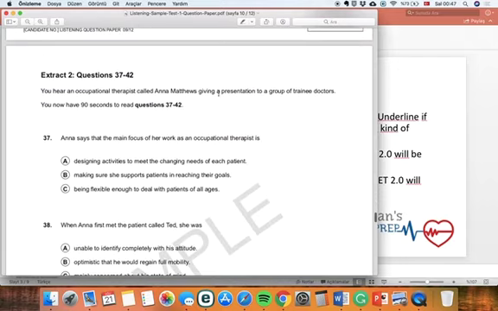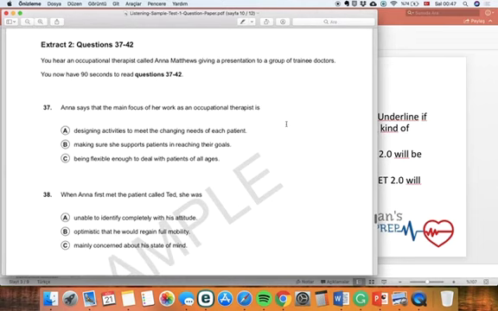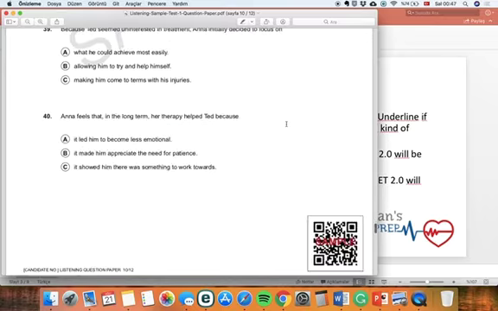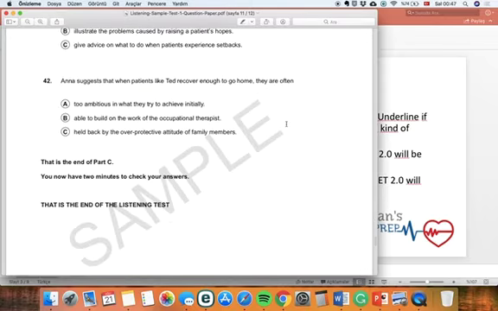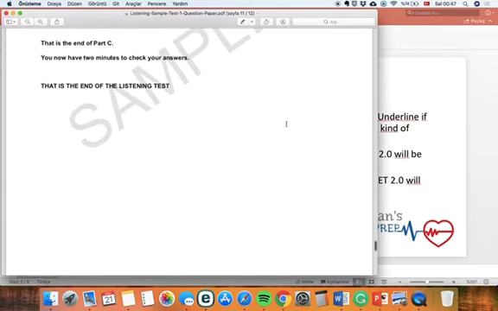And there will be two extracts. For example, here there is an occupational therapist giving a presentation to a group of trainee doctors. As I said, it could be a conference, a seminar, a presentation, an academic lecture, a monologue, a longer type of speech. And there will be some multiple choice questions that you need to answer.